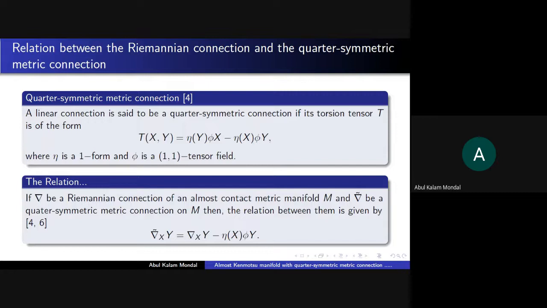And the relation given by Golab in his paper between the Riemannian connection and the quarter-symmetric connection is ∇̃_X Y equal to ∇_X Y minus η(X)φY, where ∇̃ is the quarter-symmetric connection.